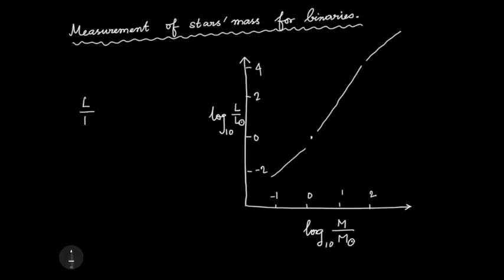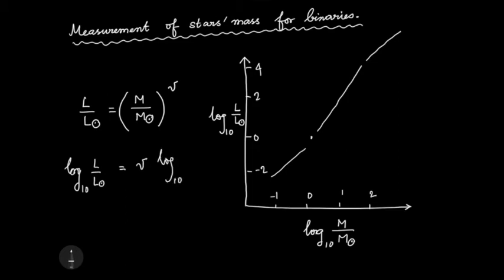So if I say L by L star equals some m by m star to the power some number nu, such that if I now plot log of L by L star, that will be nu times log of m by m star.